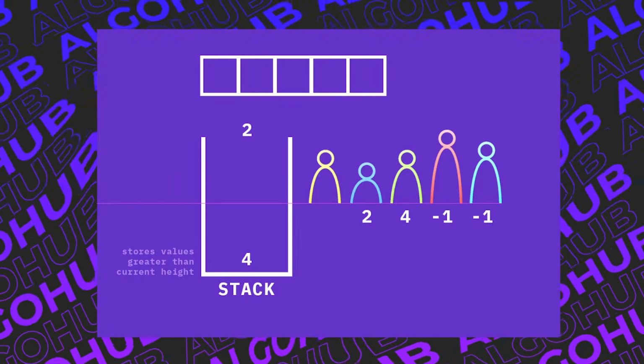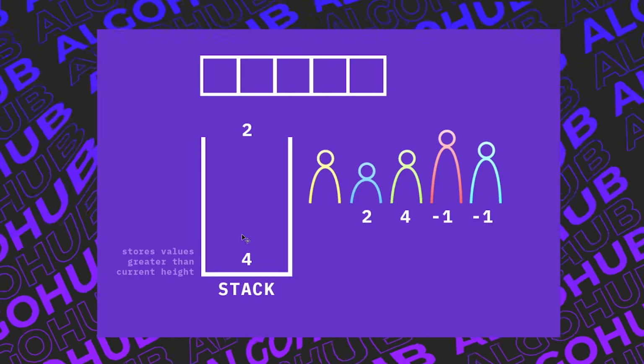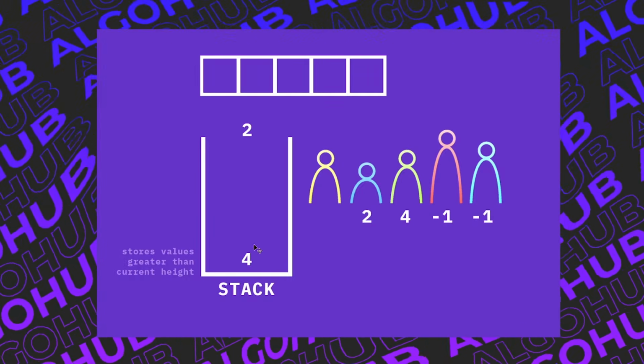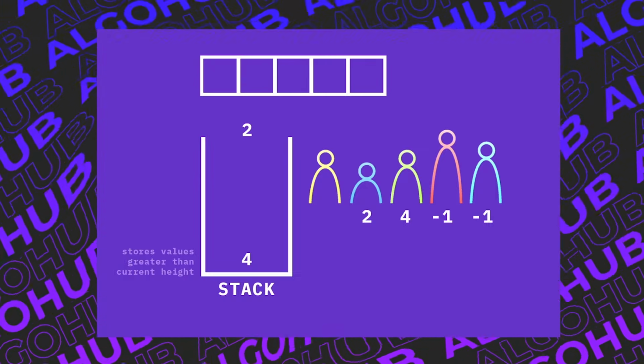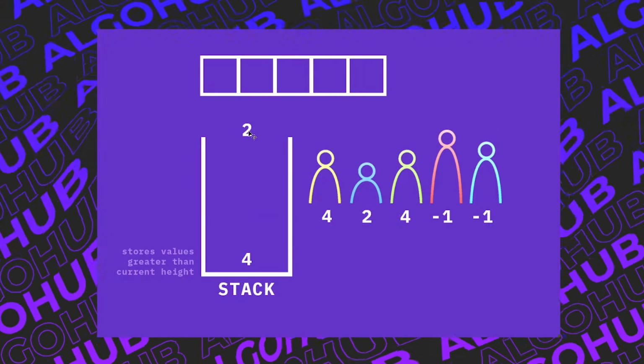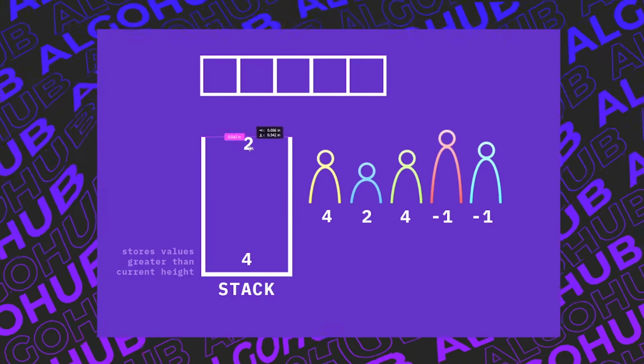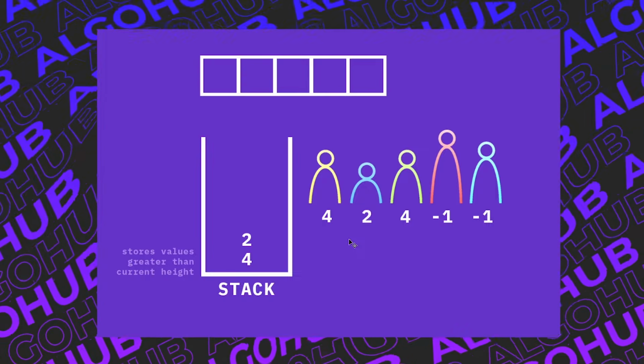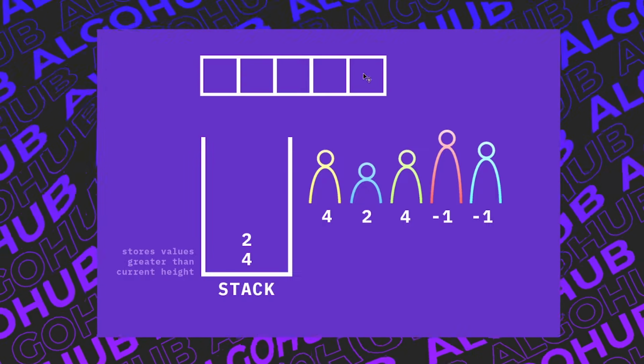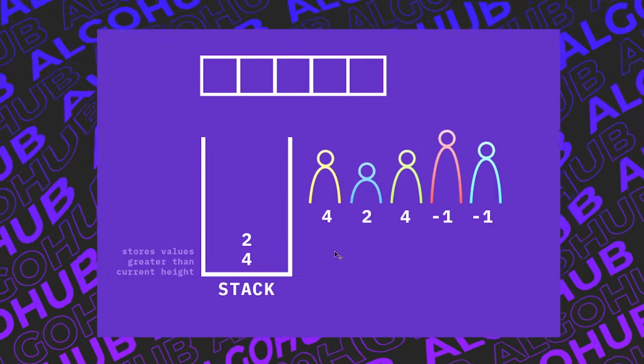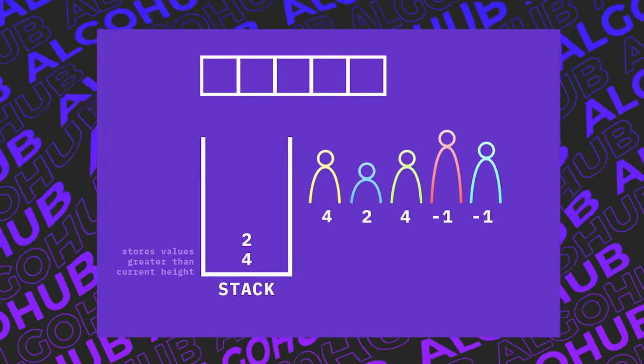So we need to take this 2 out. And then finally, we see that we can successfully put this 2 inside, and the top element is going to be the 4, meaning that the answer in this case is going to be 4. So we put the 2 in, and that's our final stack. We're done here, and we see that we finished all the items, and this is the answer for our specific case.